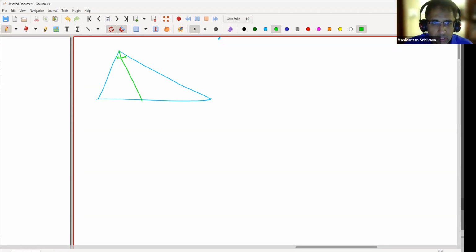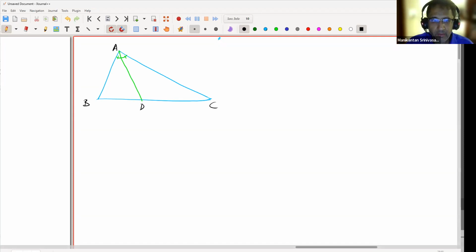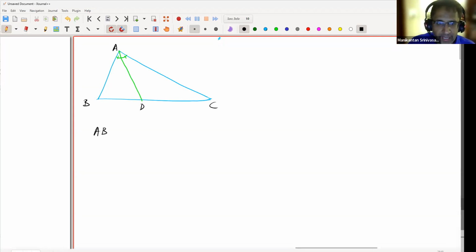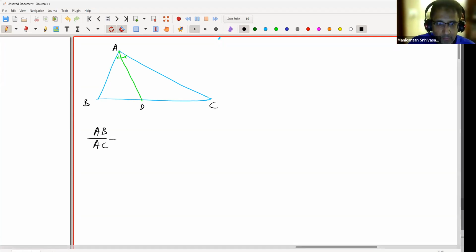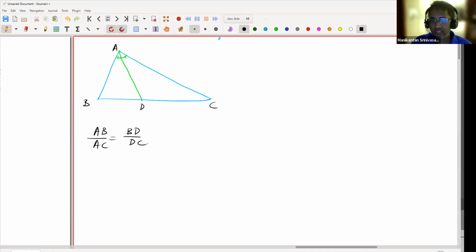Now, an important property here is that AB by AC will be BD by DC. It's an angle bisector, so the ratio in which the opposite side gets split is the same as the ratio of the two sides which this angle bisector is dividing. You can see in length itself, AB is shorter than AC and BD is also shorter than DC.